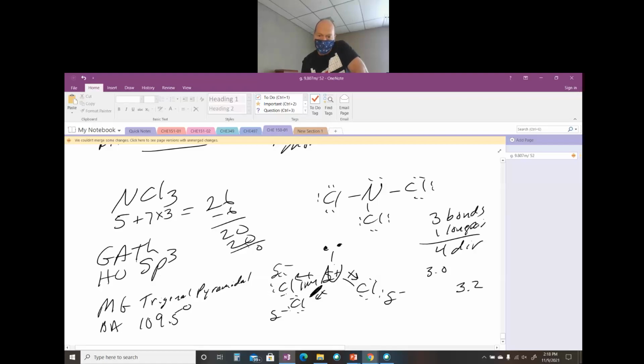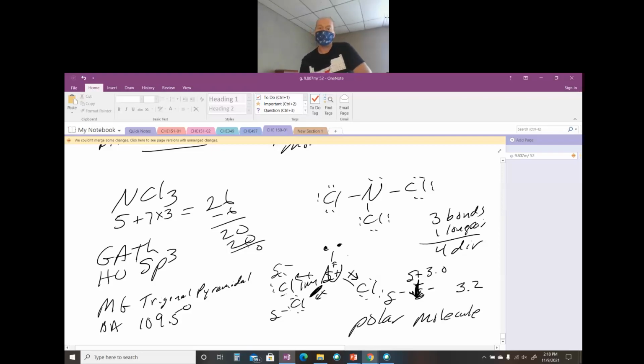Again, this electron pair is right next to the nitrogen. And so your center of delta minus is right below your nitrogen. The center of delta plus is right on top of the nitrogen. And so you have your molecular dipole that goes down in this picture. And so this is a polar molecule.